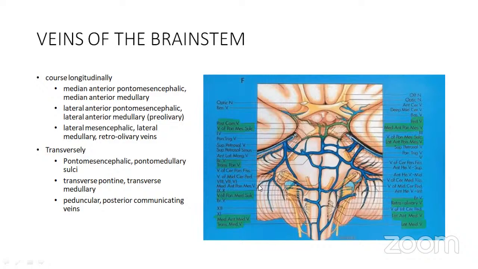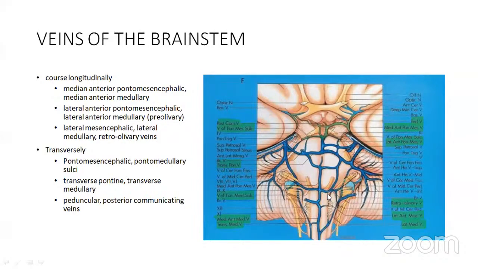These veins are majorly named as the area they course from and according to their pathway. So this longitudinal vein is termed as the median anterior pontomesencephalic vein and the median anterior medullary vein, which courses over the medulla.